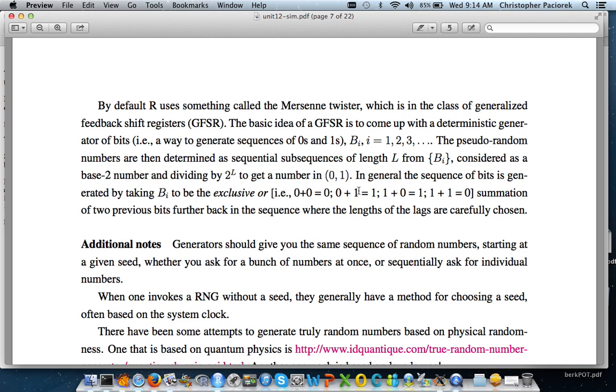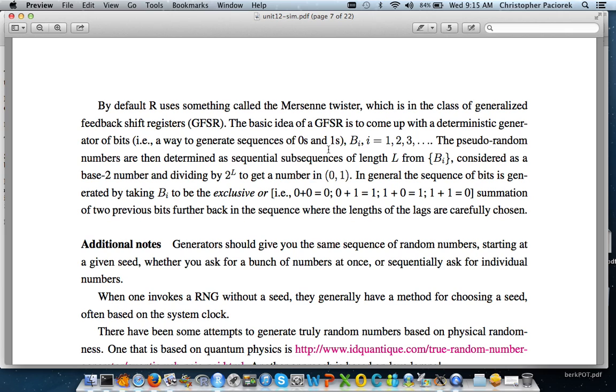We talked a little bit last time about the seed in R. We saw with Wichmann-Hill that you can give the set.seed function in R a single number, and somehow it generates those three values, which are the seeds for Wichmann-Hill. It turns out that if you look into the details in R, the actual seed when you're using the Mersenne twister is a sequence of 624 different numbers.